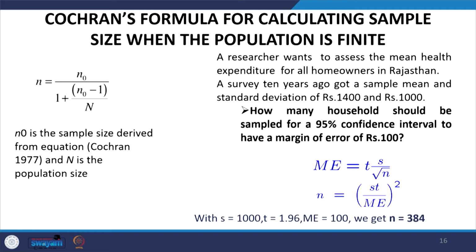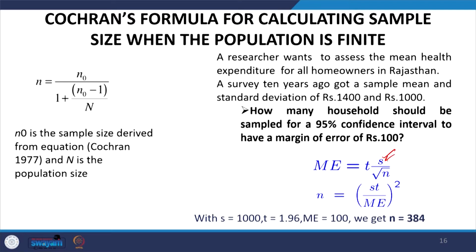First of all, we will calculate N0. When we have a finite population, based on this formula, we calculated it. Our S in this case is 1000, in the place of PQ.